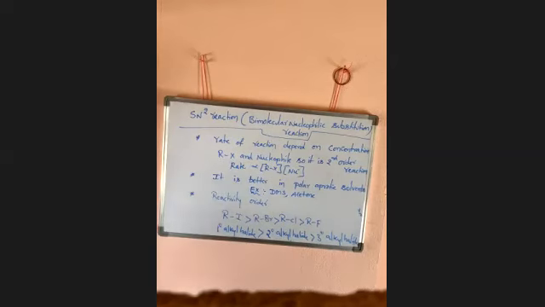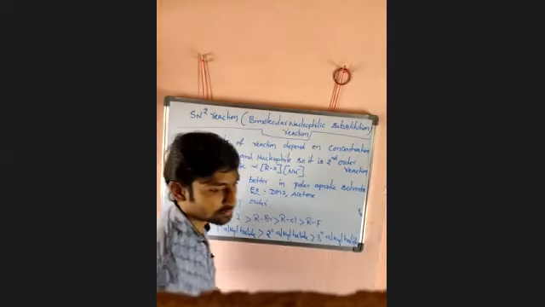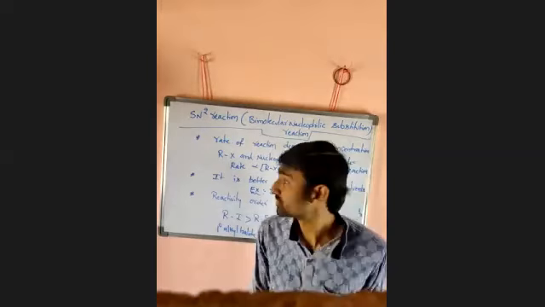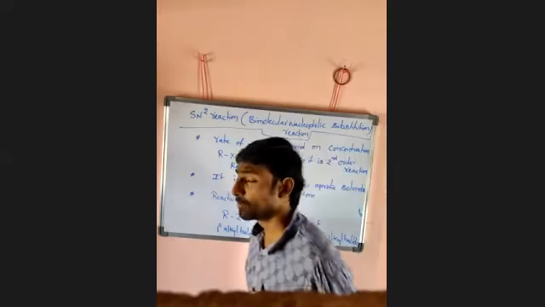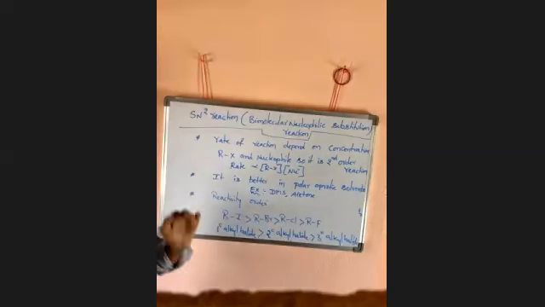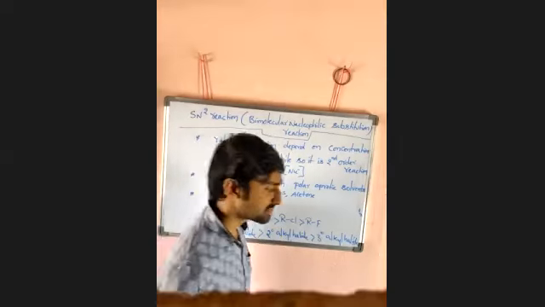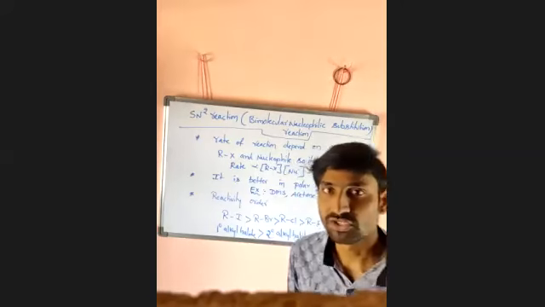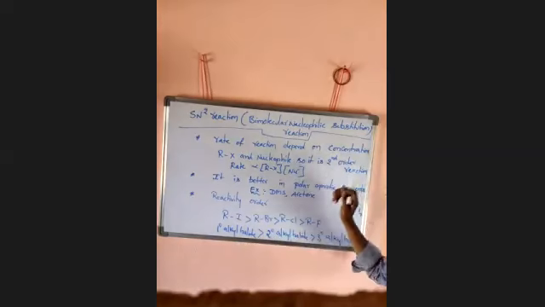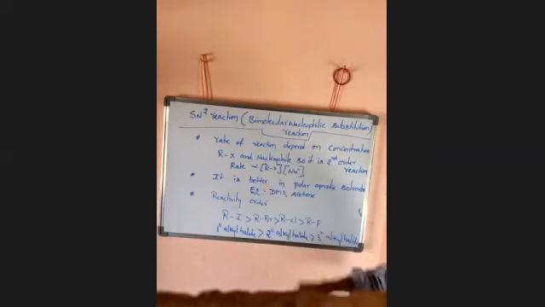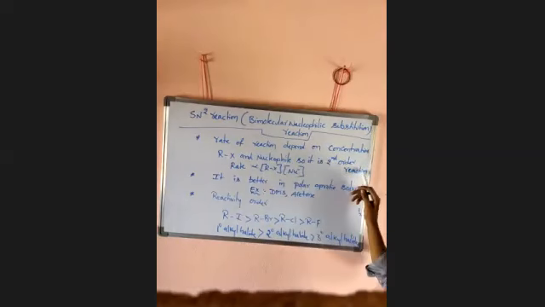Nucleophilic substitution reactions are generally of two types: SN1 reaction and SN2 reaction. SN2 stands for bimolecular nucleophilic substitution reaction. Here the rate of reaction depends on the concentration of alkyl halide and also the concentration of nucleophile. That's why it is a second order reaction.